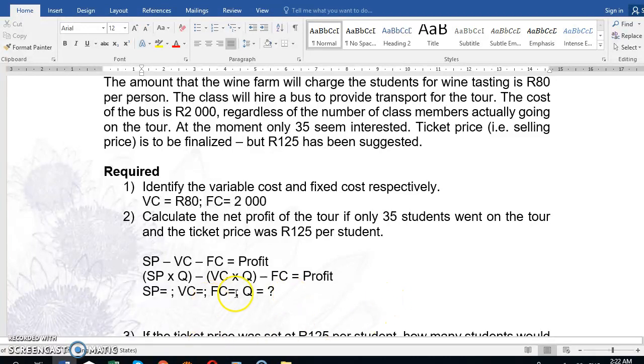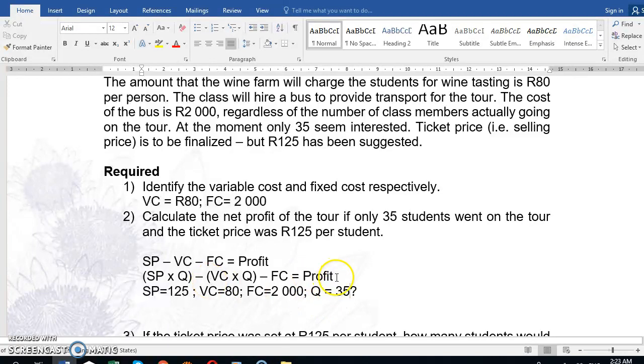Remember, those 4 things affect profit. I take that back, in this case there are no unknowns. So we have to identify those 4 things, and then we can identify profit. Selling price is 125. Variable cost we know is 80. Fixed cost is equal to 2,000. And quantity is equal to 35.